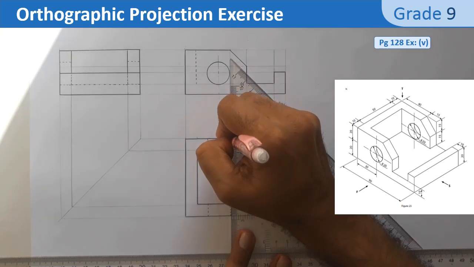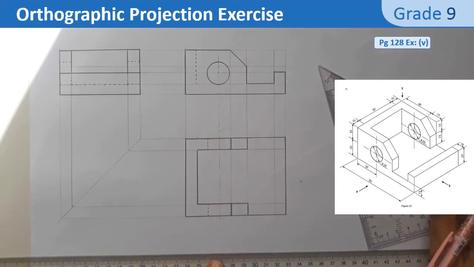The circular hole will appear as a hidden detail in the top view also.